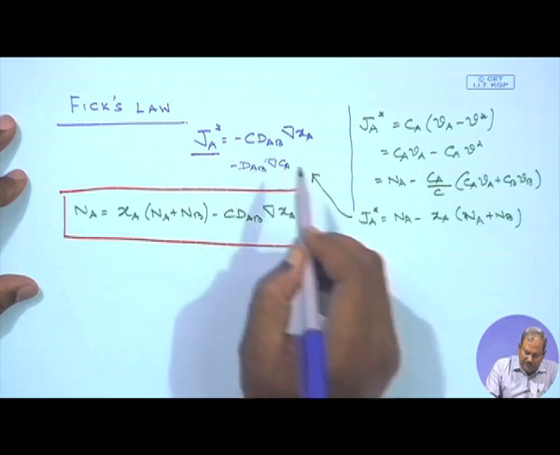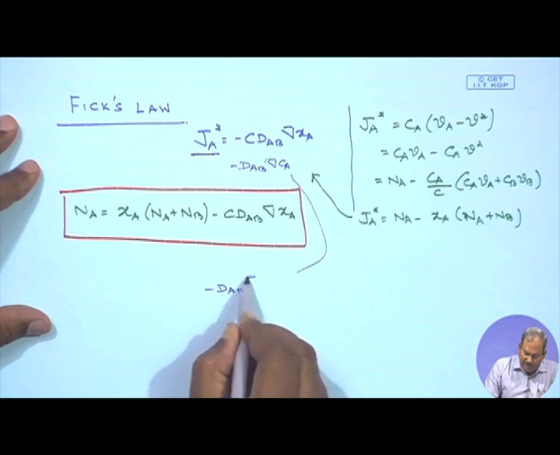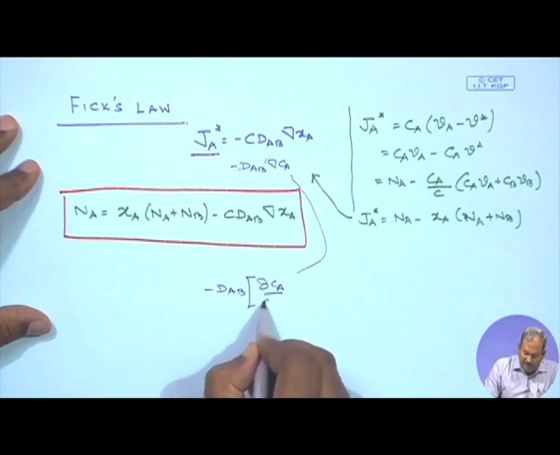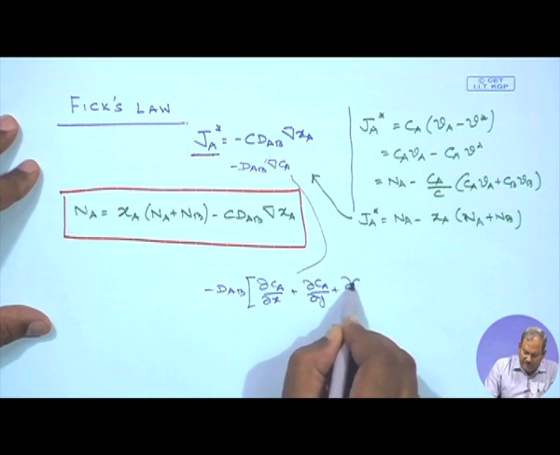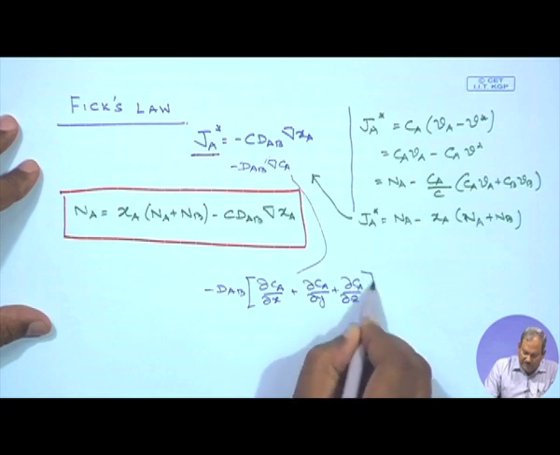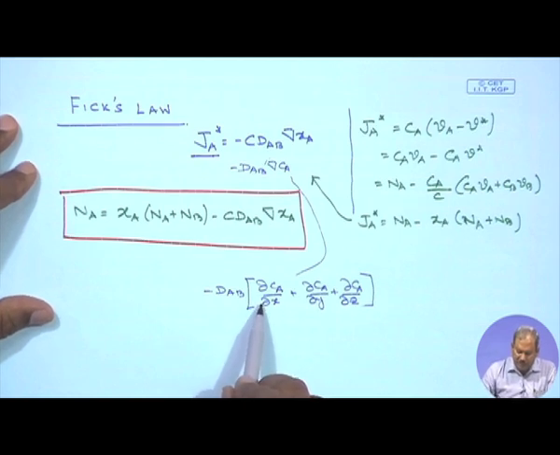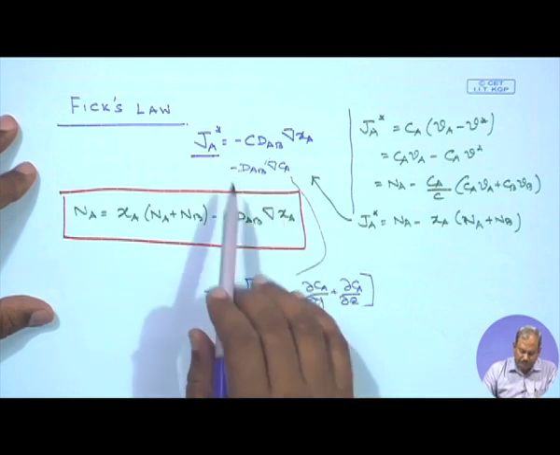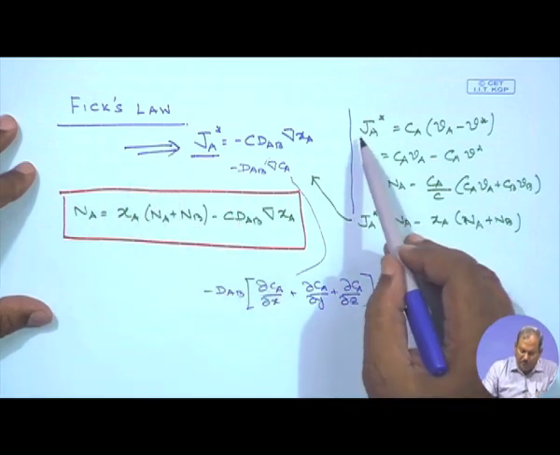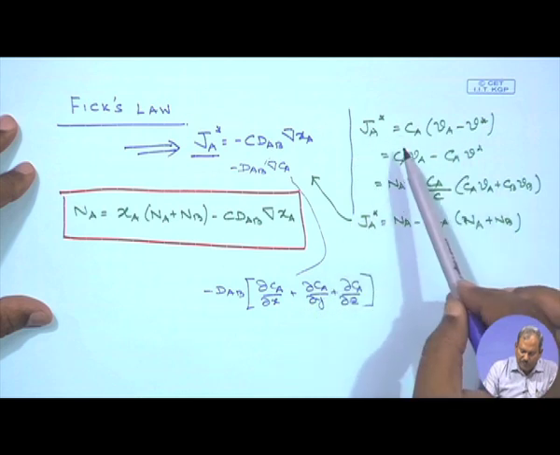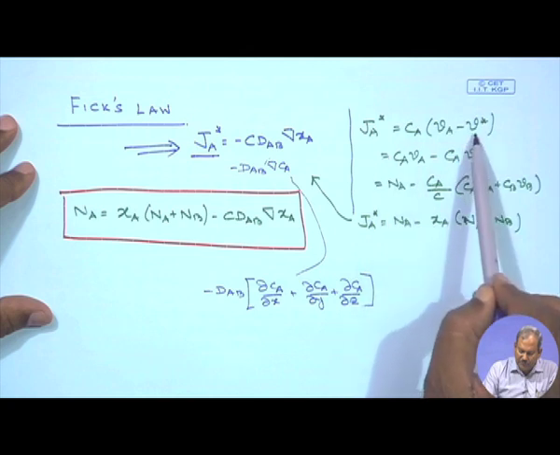So this, for a rectangular coordinate system, can be written as minus DAB times del Ca by del x plus del Ca by del y plus del Ca by del z. So see the similarity that we have with heat transfer and with mass transfer. So this is the statement of Fick's law, and from our definition of molar flux, this is the definition of the molar flux when expressed in terms of V star.